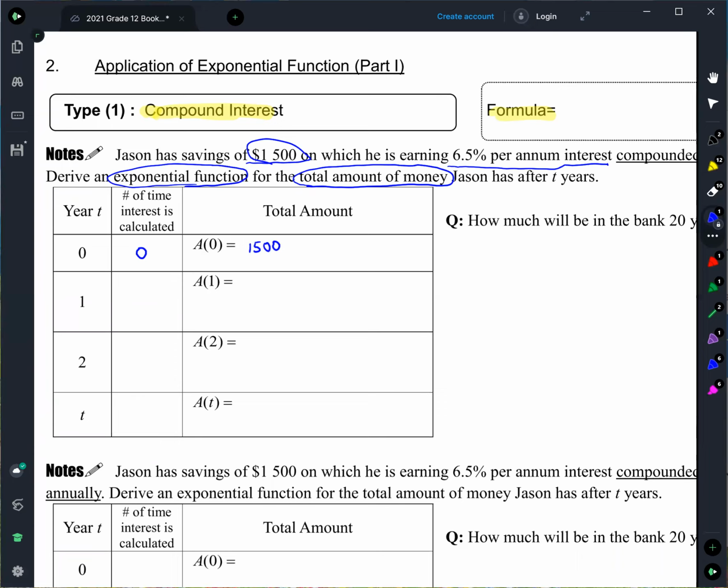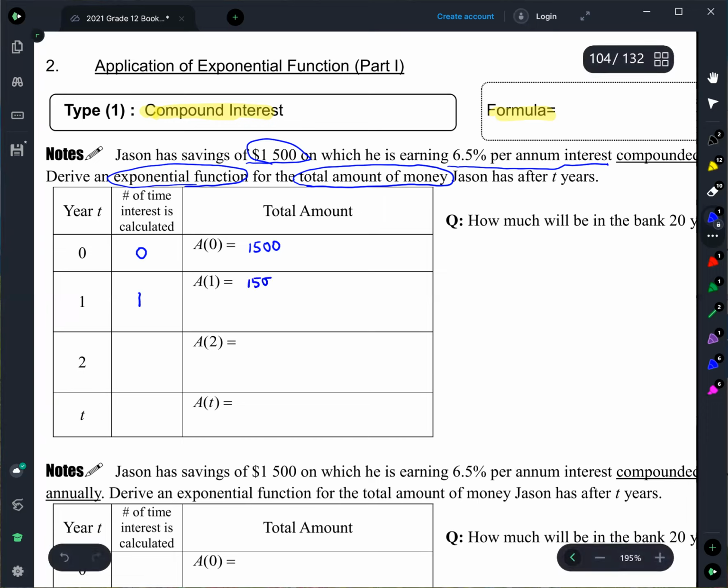All right, after 1 year, because we calculate interest once a year, it will be calculated once. So the amount of money after 1 year will be 1,500 added with 1,500 times 0.065, because of the interest rate.